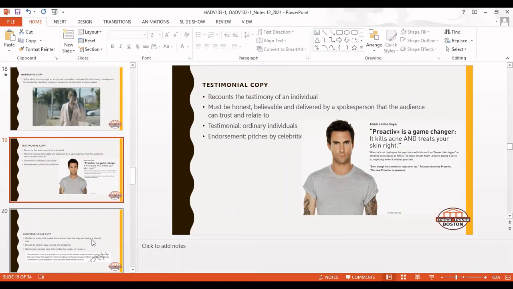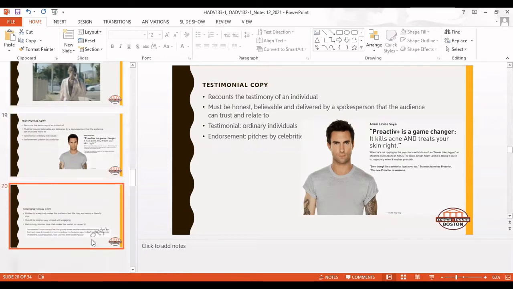So it is basically testifying. He or she is testifying that, oh, for real, this product does wonders. We have an example there of Adam Levine, who says Proactiv is a game changer. It kills acne and it treats your skin right. He used that product and he's testifying that if you use this particular product, it gives you a better skin tone and things like that.